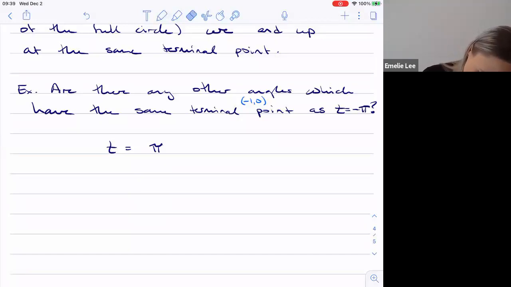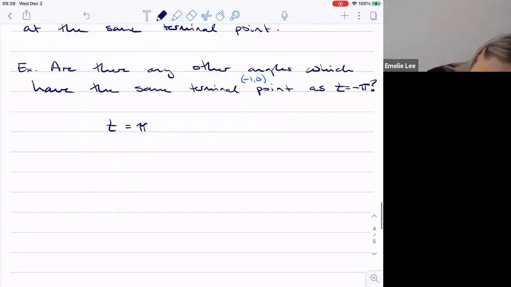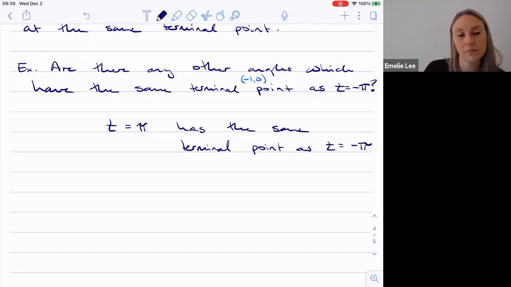In fact, I'll put that down here. t equals pi has the same terminal point as t equals negative pi, which puts us in the same place on the circle.